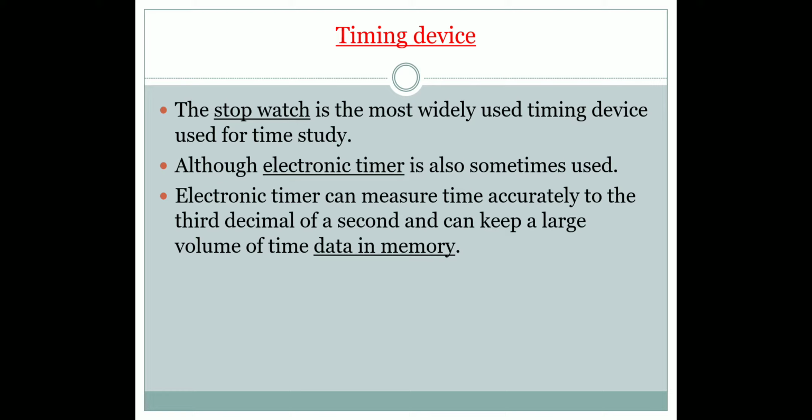Although an electronic timer, or digital timer, is also sometimes used. An electronic timer can measure time accurately to the third decimal of a second and can store a large volume of time data in memory. Nowadays we are using a digital stopwatch.